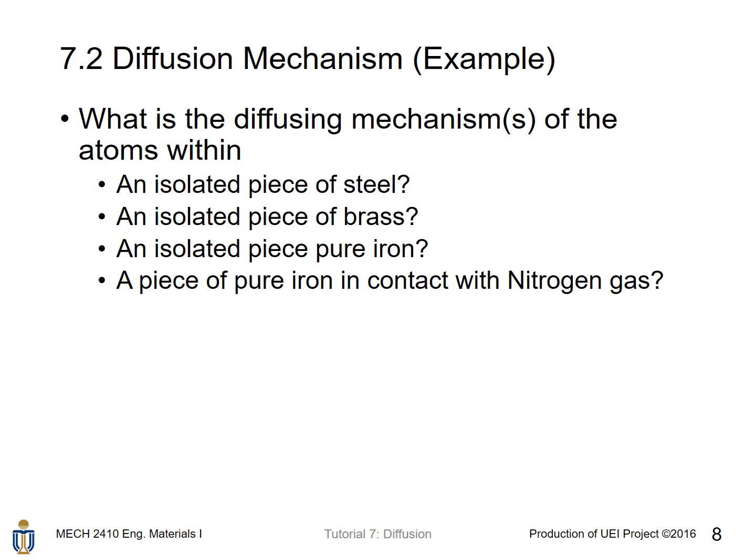There is an example to test your understanding of these two diffusion mechanisms. What is the diffusion mechanism of the atoms within, first, an isolated piece of steel, second, an isolated piece of brass, third, an isolated piece of pure iron, and finally, a piece of pure iron in contact with nitrogen gas?